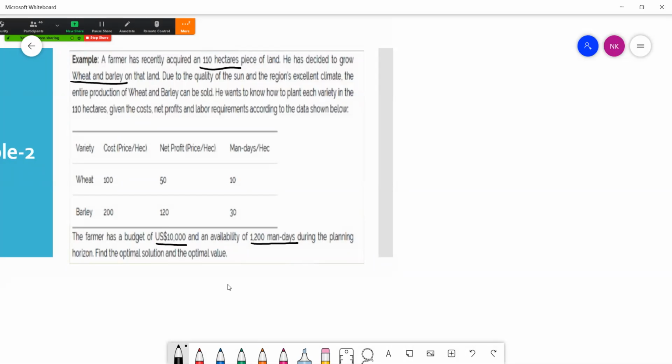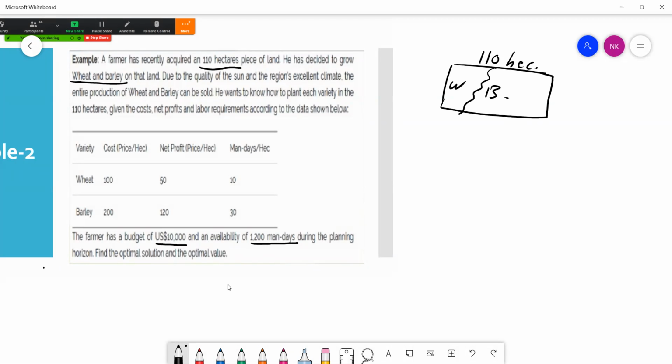Okay, fine. Correct. So whatever explanation has been given, it's completely correct. So the farmer has recently acquired a 110 hectare piece of land, and he decides to grow wheat and barley on that particular land. Let's say it's 110 hectares, and in that he decides to grow, let's say, wheat and barley.